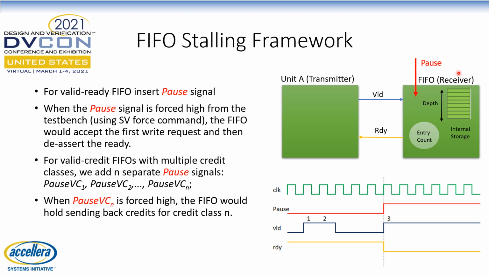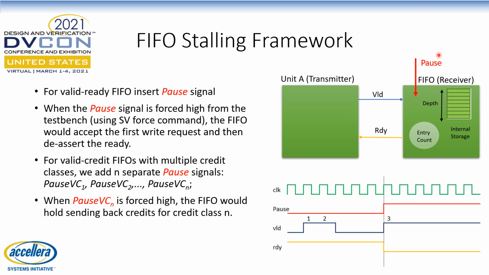So for instance, for a valid ready FIFO, we will introduce one pause signal, and when the pause is deasserted, the FIFO behaves as usual. But the moment pause is asserted, and when the valid comes, the FIFO will deassert the ready, effectively causing back pressure to the transmitter.